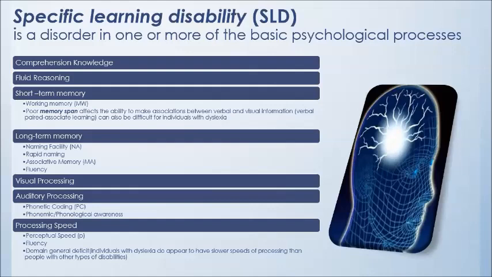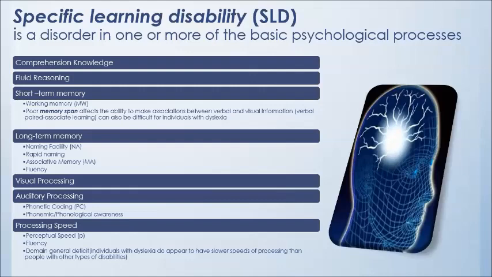Short-term memory is the ability to hold information in one's mind and then use it within a few seconds. A component of short-term memory is working memory. Working memory relates to an individual's ability to attend to verbally or visually represented information, to process information in memory, and then to formulate a response.